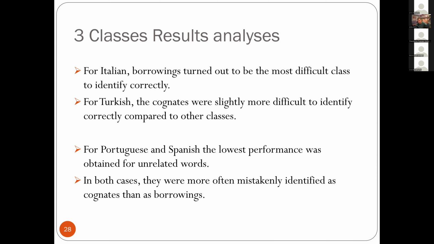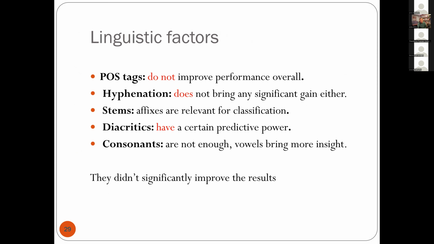So there are differences between the languages, as we see here, and probably it will be nice for this kind of research to take each language one by one. We try to see if by adding some linguistic factors we obtain better results. We try to add POS tags, hyphenation.